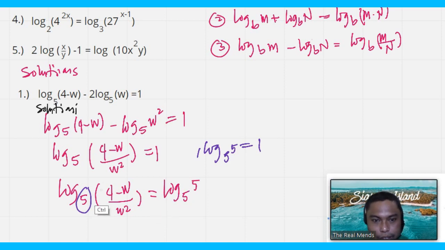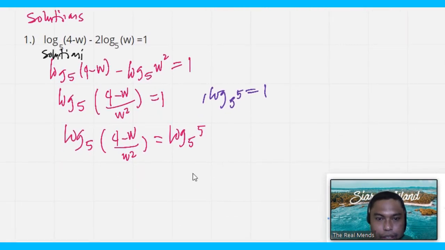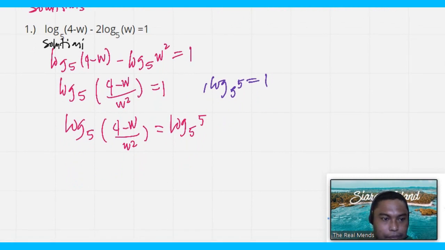Therefore, cancellation takes place, and I can cancel out the log base 5. The remaining equation will be (4 minus w) over w squared is equal to 5.